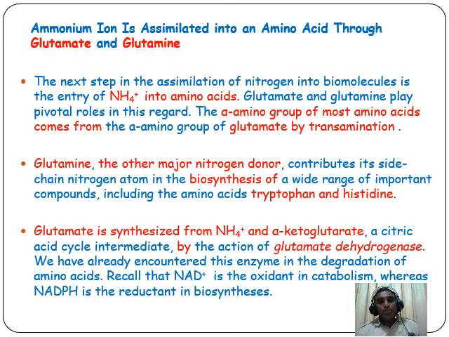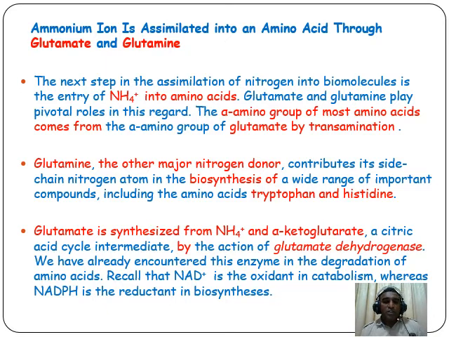Assuming the free ammonium is now within the body, it needs to be made into two amino acids, that is glutamate, followed by glutamine. These two, glutamate and glutamine, are considered the major nitrogen donors for whatever biosynthesis requires the amino group.